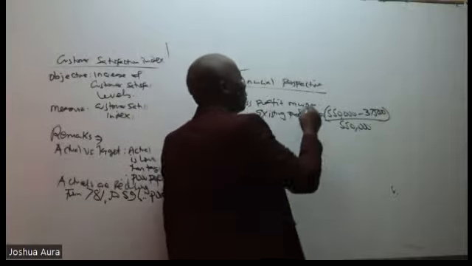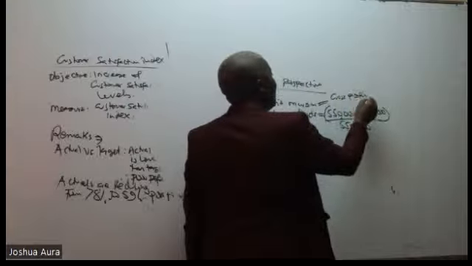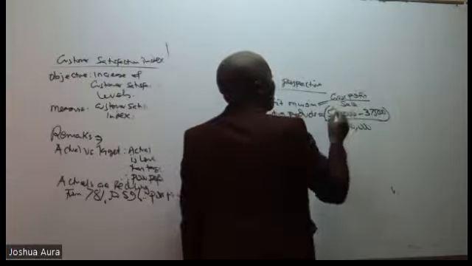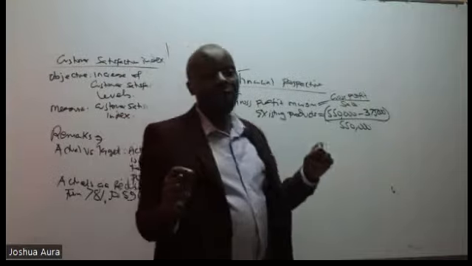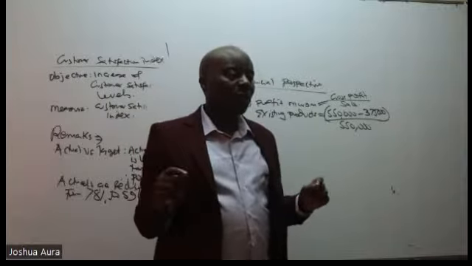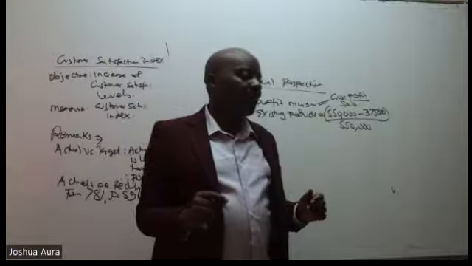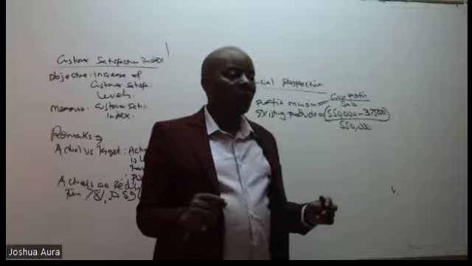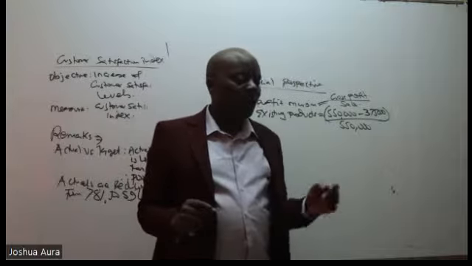Remember, to get gross profit margin, I'm taking gross profit over sales. And how do you get gross profit? It is sales minus cost of sales. So 550,000 minus 375,000 all over 550,000, like that.